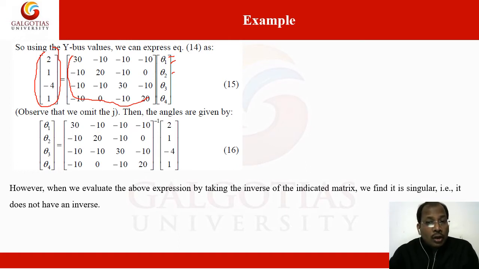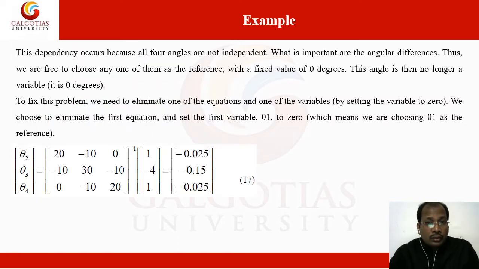Using diagonalization, Kron reduction or LU factorization, we can solve for theta 1, theta 2 and theta 4. Here you can see this matrix should be checked for singularity, because before taking the inverse we have to find whether the matrix is singular or not.